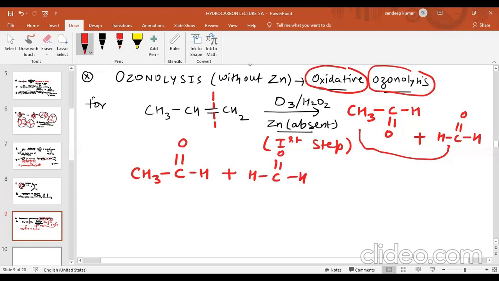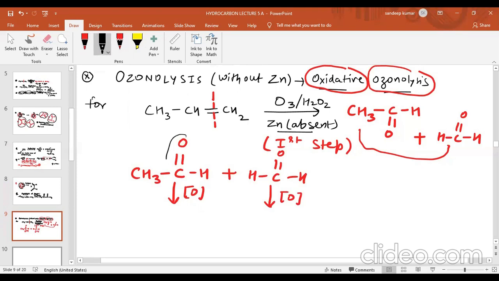Now oxidation will take place again. The oxidation of this compound will take place, and also the oxidation of this compound. How will you identify that it will oxidize again?